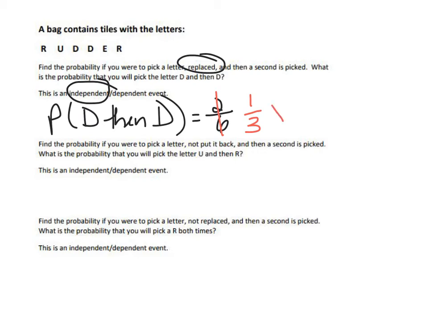Times, what's the probability of getting a D again? 2 out of 6, which is the same as 1/3. So then I multiply it. 1 times 1, 3 times 3. So our answer is 1/9.